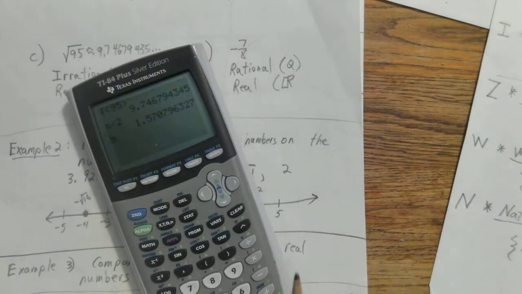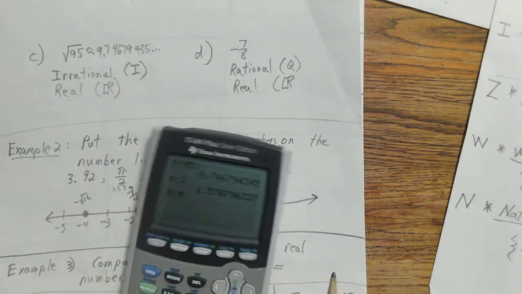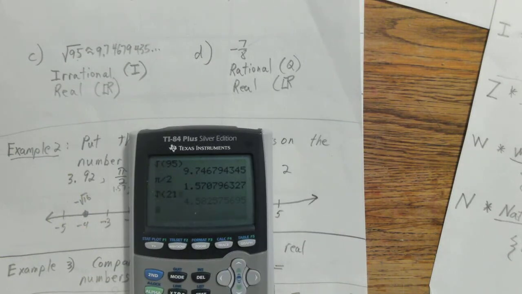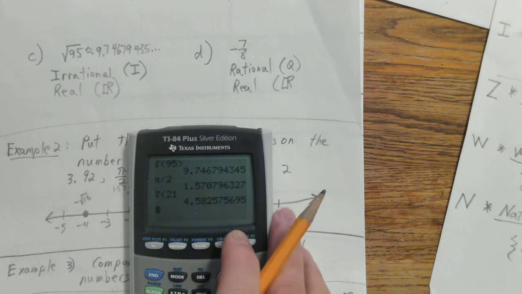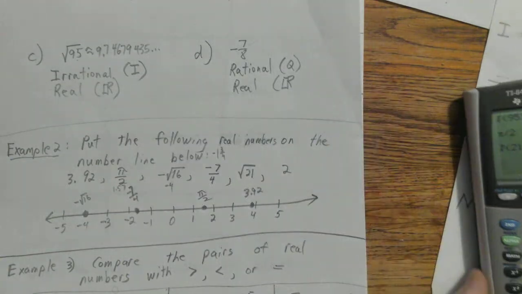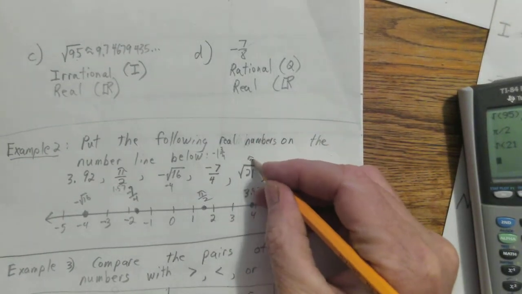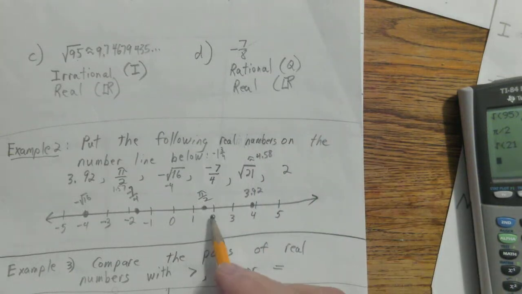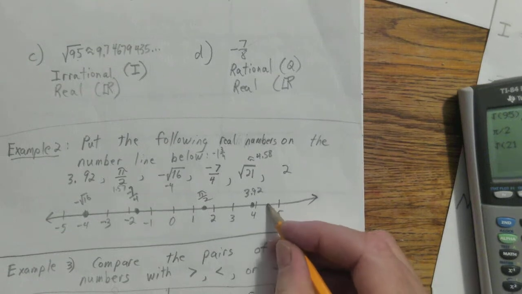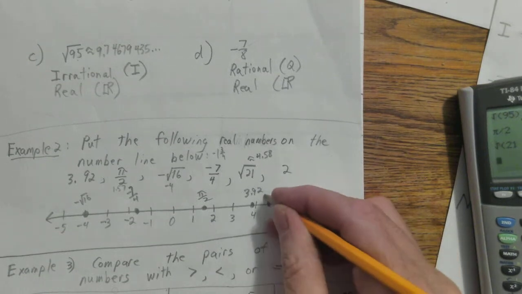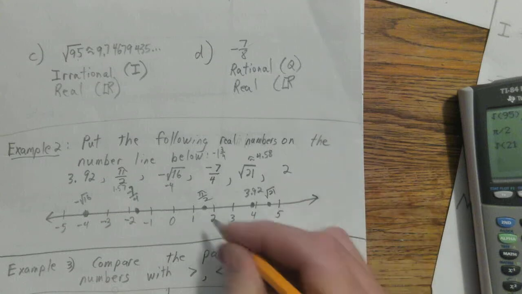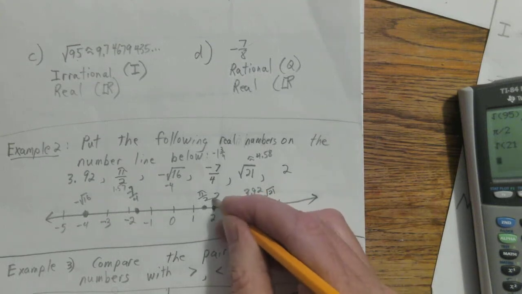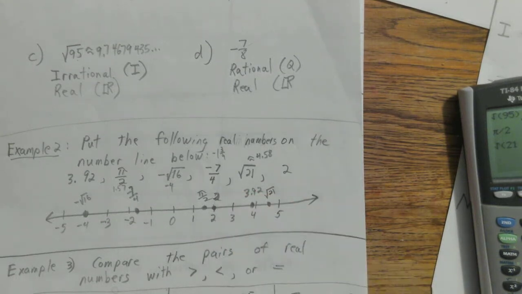Square root of 21 I'm not real sure about, so I'm going to put second, and then the square root of 21. And I get approximately 4.58. So halfway between 4 and 5, a little closer to 5 than it is to 4. Square root of 21, and then 2 is right there. It's actually got its place on the number line.